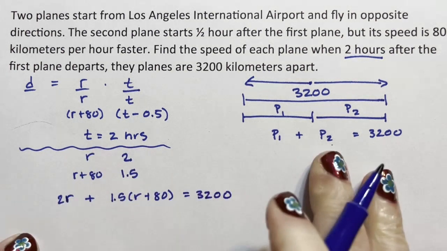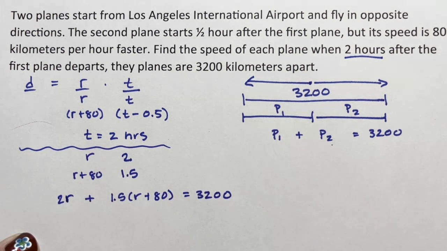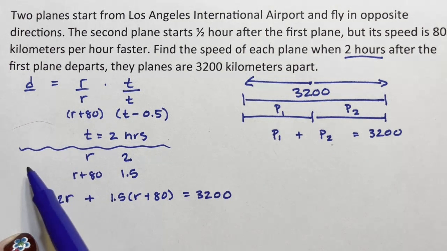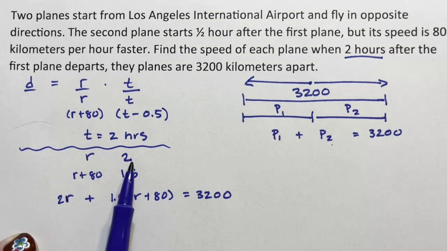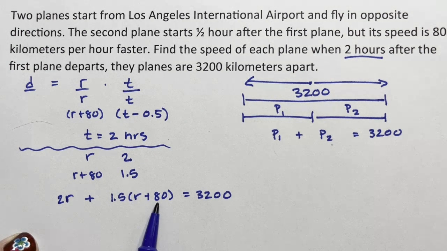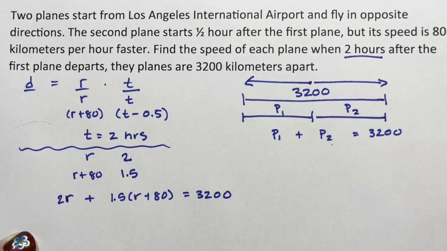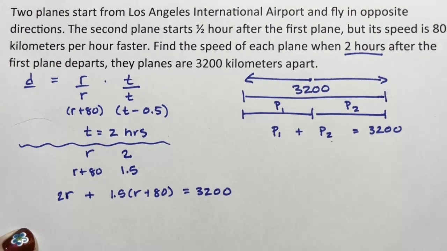So I kind of used my two images together. We don't have a distance, but we have a total distance. And that plane 1, which is 2r, and plane 2, which is 1.5 times r plus 80, equals a total of 3,200.